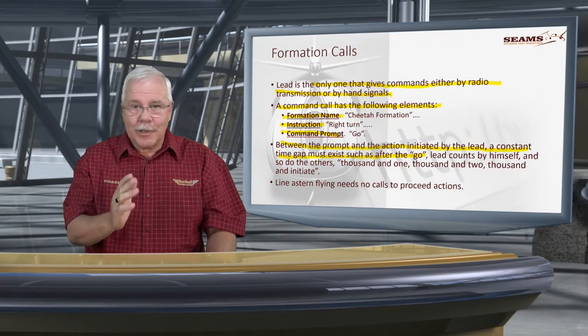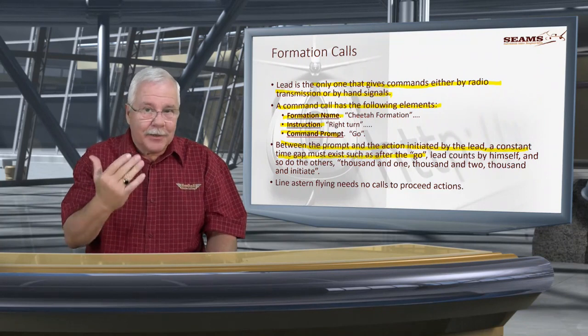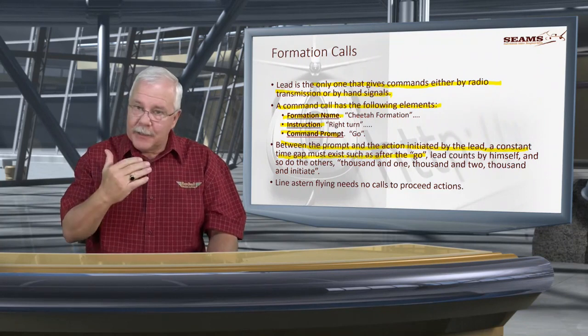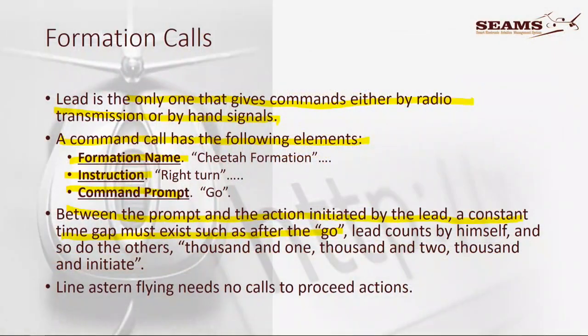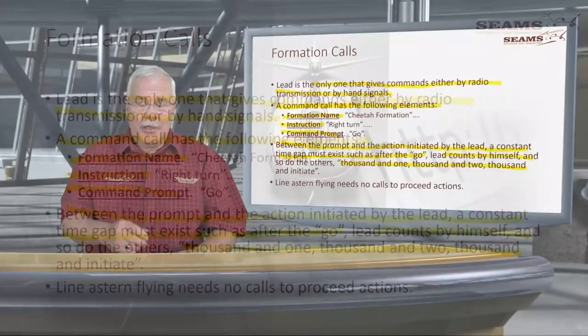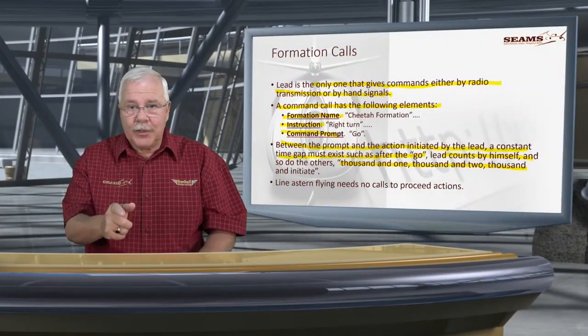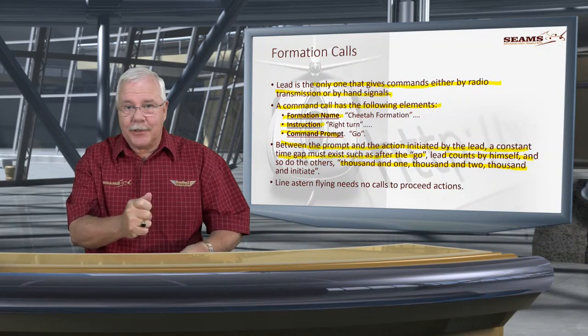Everything, go. Go means that is the command. Then that little pause, and there we go. As we see here, lead counts by himself, and so do others, 1001, 1002, and then initiate. As I said, I just said go, 2, 3, and the action.